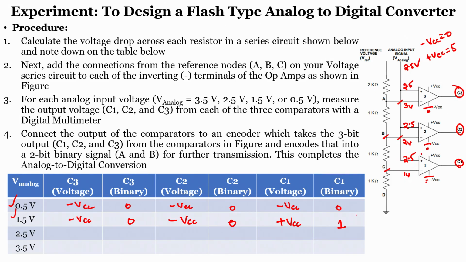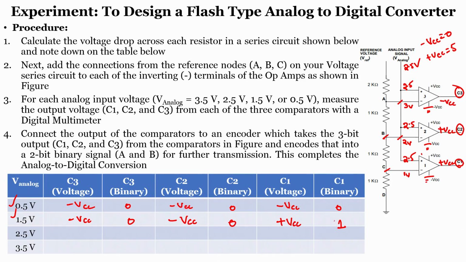As a result, you will get an output of plus VCC. For comparator 2, the positive terminal voltage is higher than the negative terminal. Even in this case, you will get the output as plus VCC. What about here? The negative terminal voltage is higher, so this will become minus VCC.